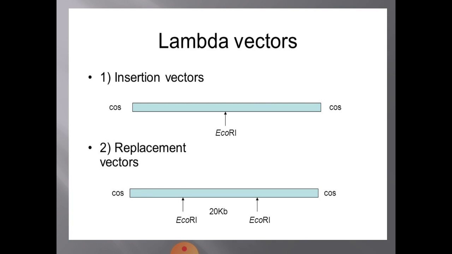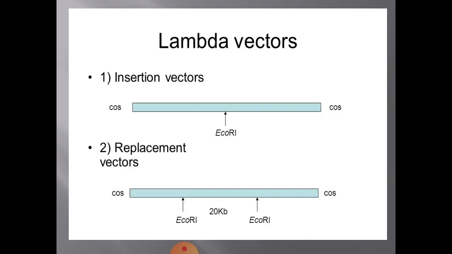In that place you can add the DNA insert of your choice. So it goes without saying that you can insert DNA inserts of bigger size in replacement vectors when compared to insertion vectors. Up to 24 kb you can insert.